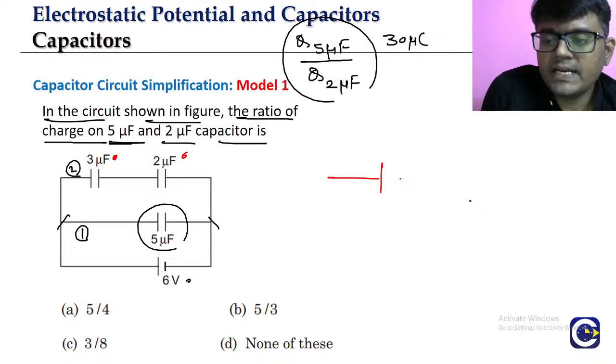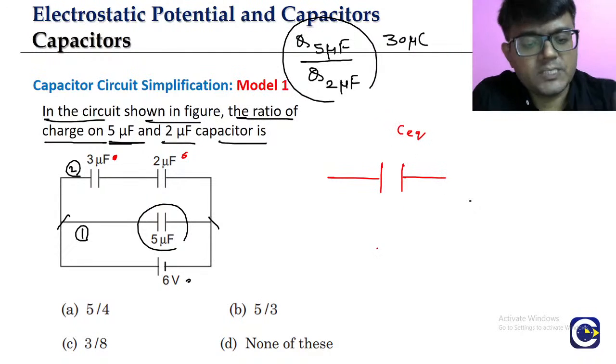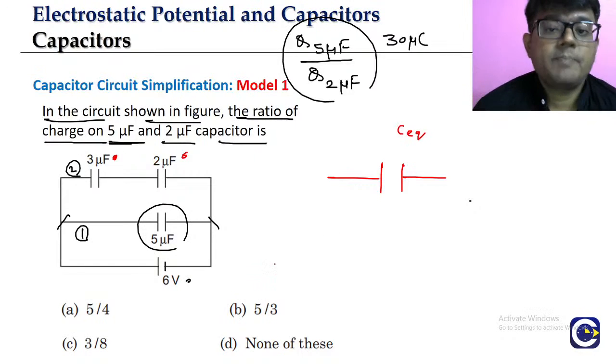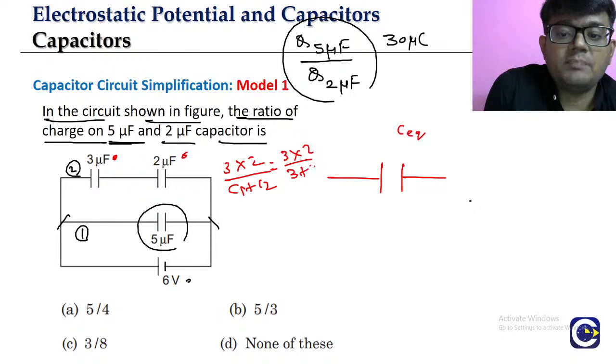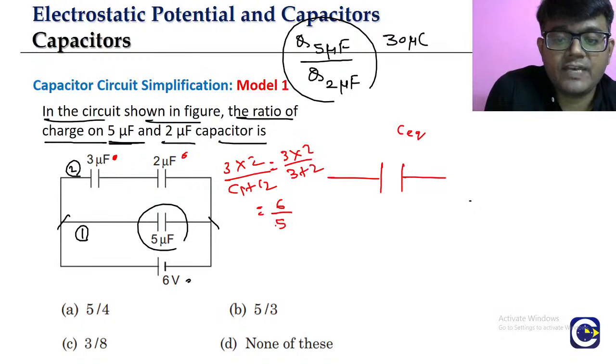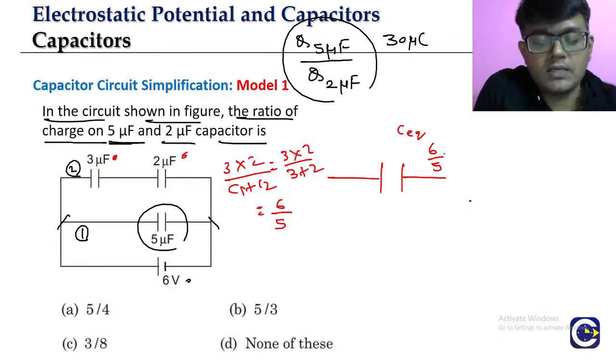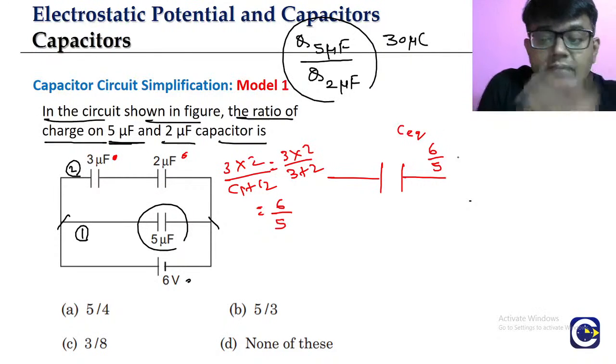Now if we replace these two capacitors with their equivalent capacitance, what is the equivalent capacitance value? Series, right? It means C1 into C2 by C1 plus C2. Applying the formula, 3 into 2 by 3 plus 2. What is it? 6 by 5 will come. So the equivalent capacitance is 6 by 5 microfarad.